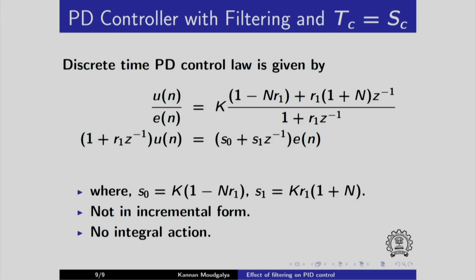There is also no integral action, because the original control law itself did not have integral action. We started with PD control action, and hence there is no integral form, and we said that this could be because the plant itself might have integral action. For whatever reason, the integral term is not included.